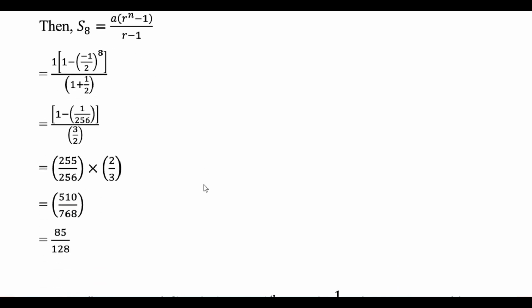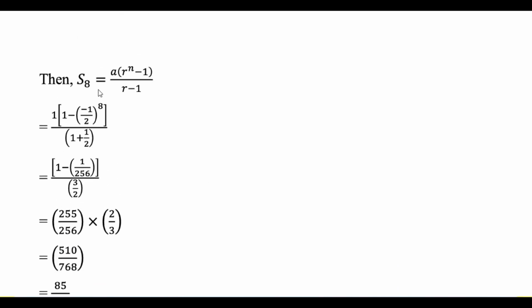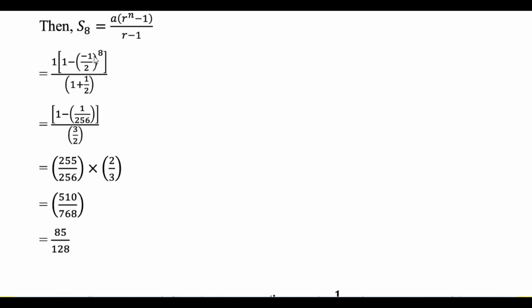Now find the sum up to the 8th term. So a into r to the power n minus 1 divided by r minus 1. Now put the values of a and r. Here the value of r is minus 1 by 2, that is less than 1, so the formula will be reversed.